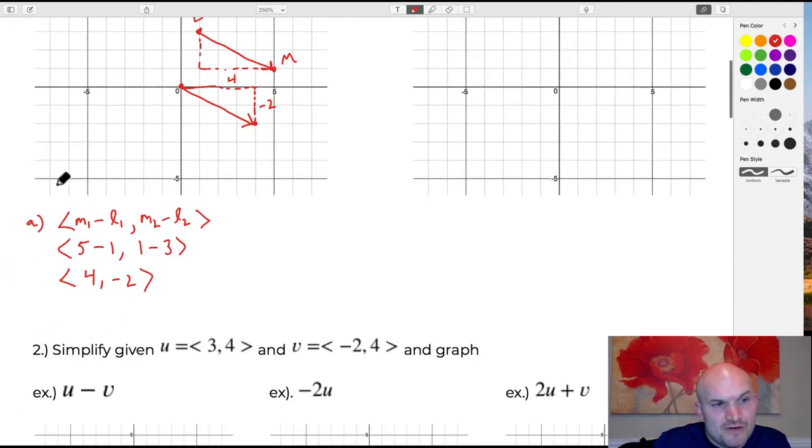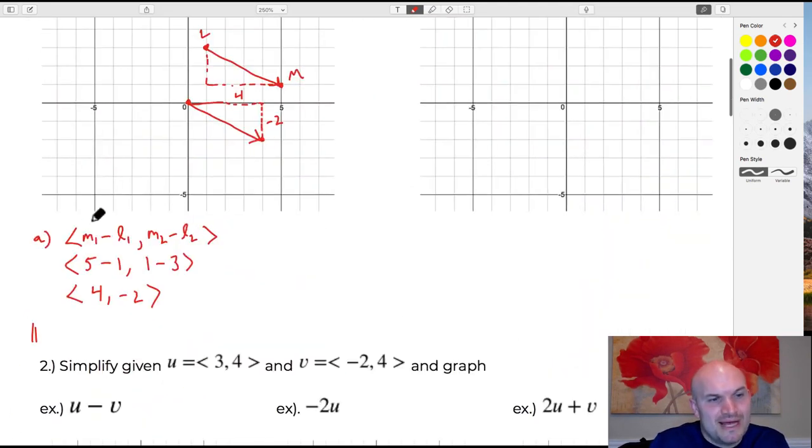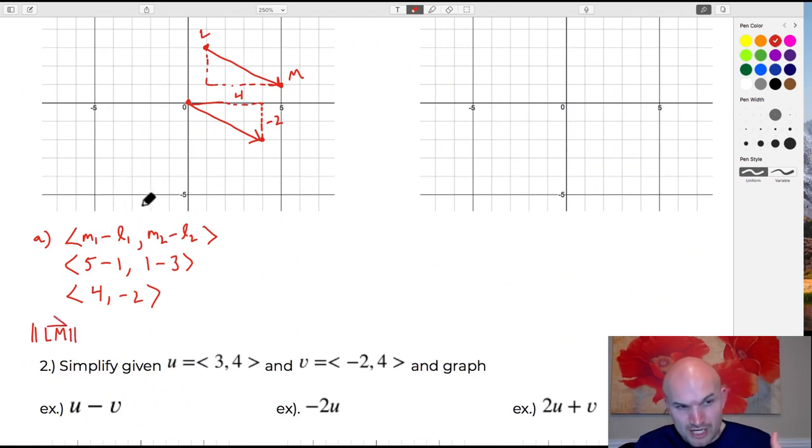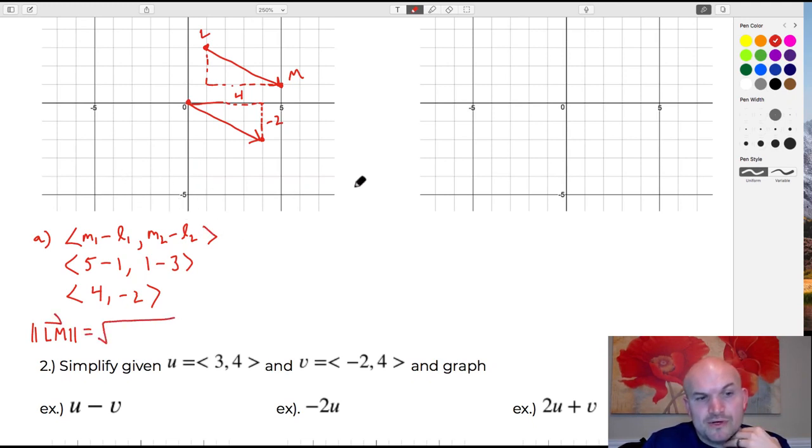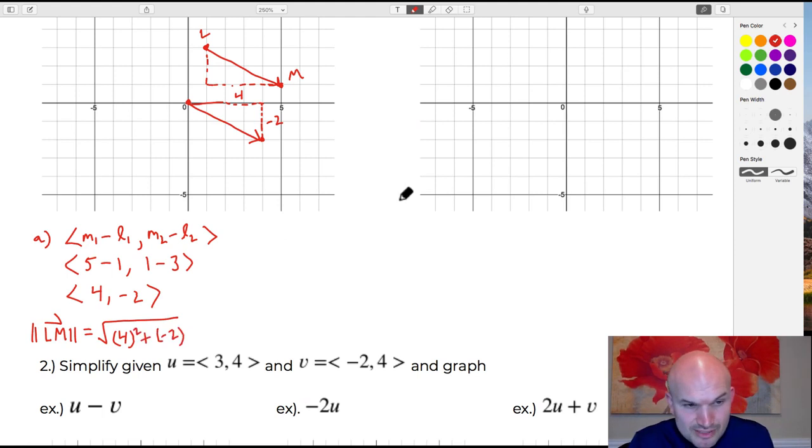And so the magnitude of PQ, I'm sorry, I don't know why I keep on doing it, of LM, and the double bar is our notation here for magnitude, which again represents the length, is basically just going to be the square root of 4 squared plus negative 2 squared, right? Basically we're just doing the Pythagorean theorem. So that's going to be 16 plus 4, which is 20. And I'm just going to leave that as the square root of 20.